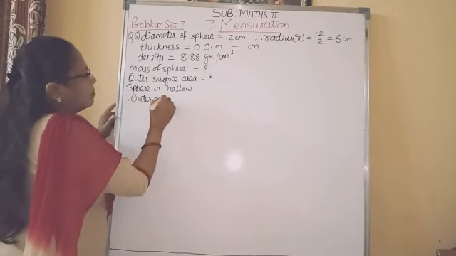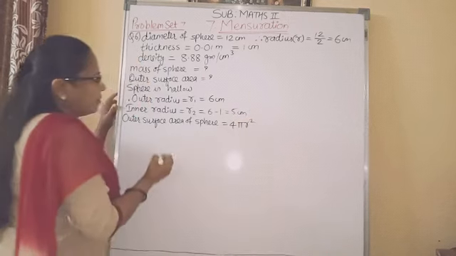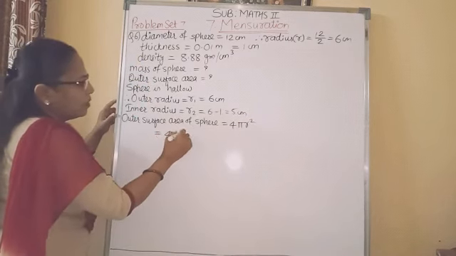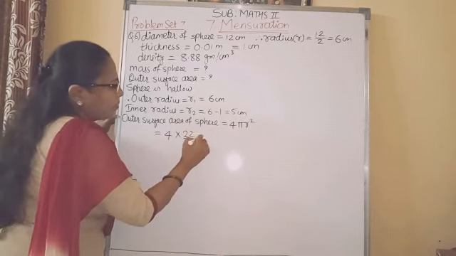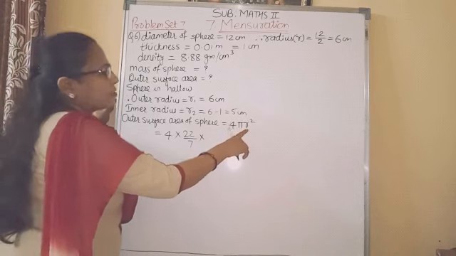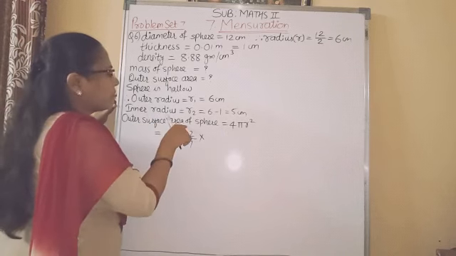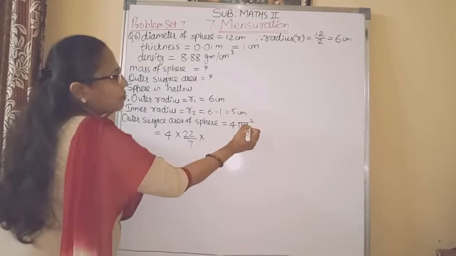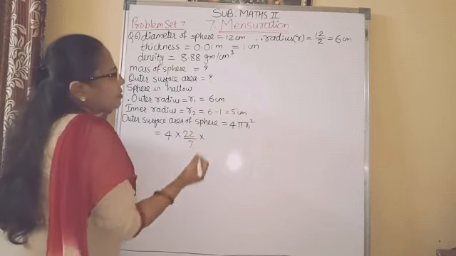Okay. So let us find out the first question. Outer surface area is asked in the question. So first find out outer surface area of sphere. So formula for outer surface area is 4 pi r square, equal to 4 multiplied by 22 upon 7 multiplied by r square. Now here outer sphere area we have to find out. So radius we have to take r1 and r1 is 6 centimeter.